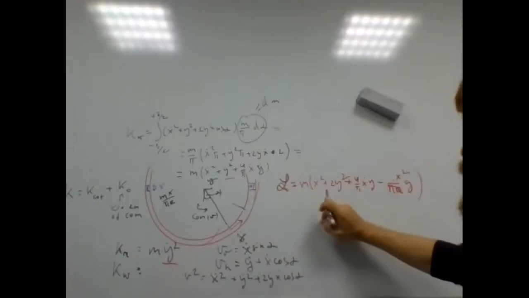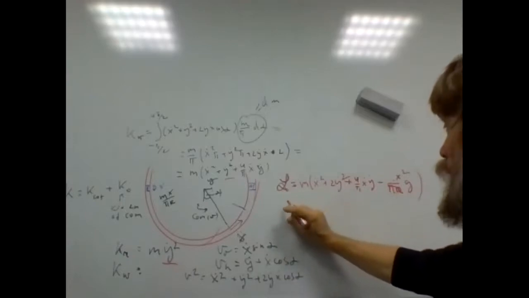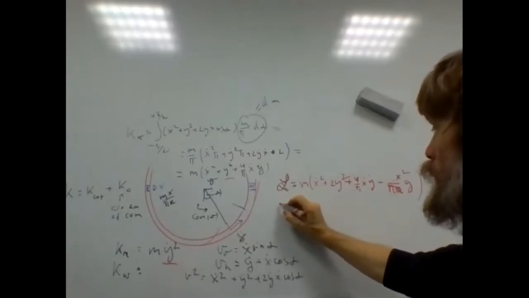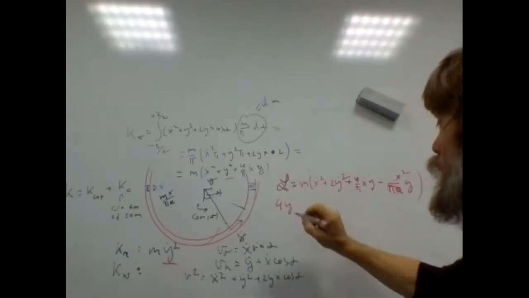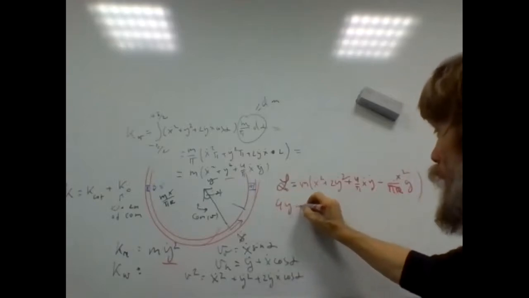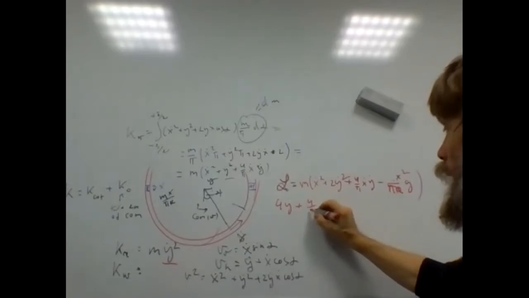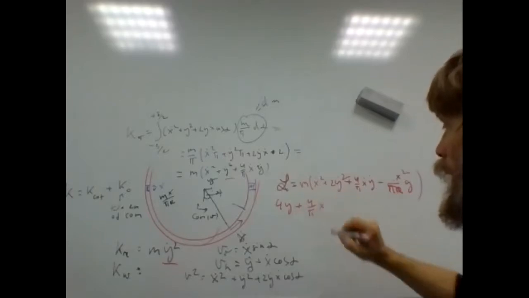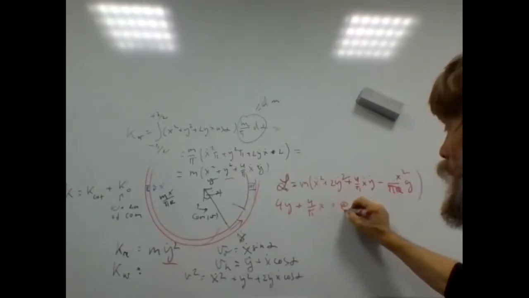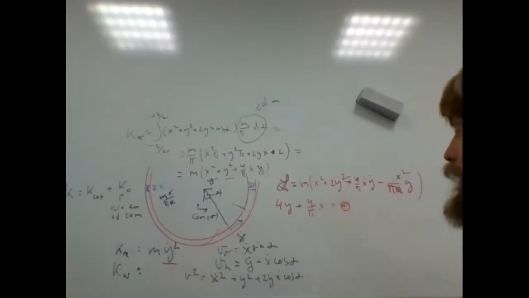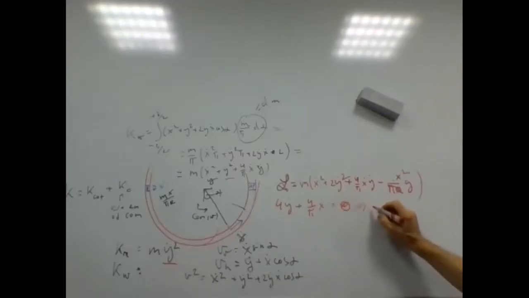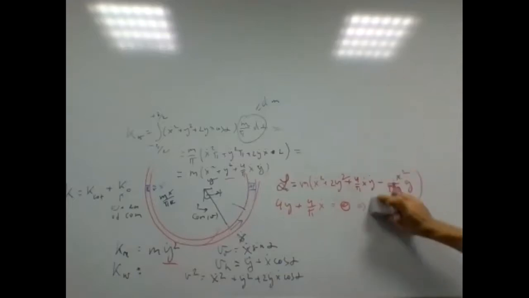So dL over dy dot is constant. dL over dy dot is going to be 4y dot plus 4 divided by pi and x dot. And this is constant, and we can put the constant equal to 0, so that the 4 cancels away. So x dot equals minus pi y dot.